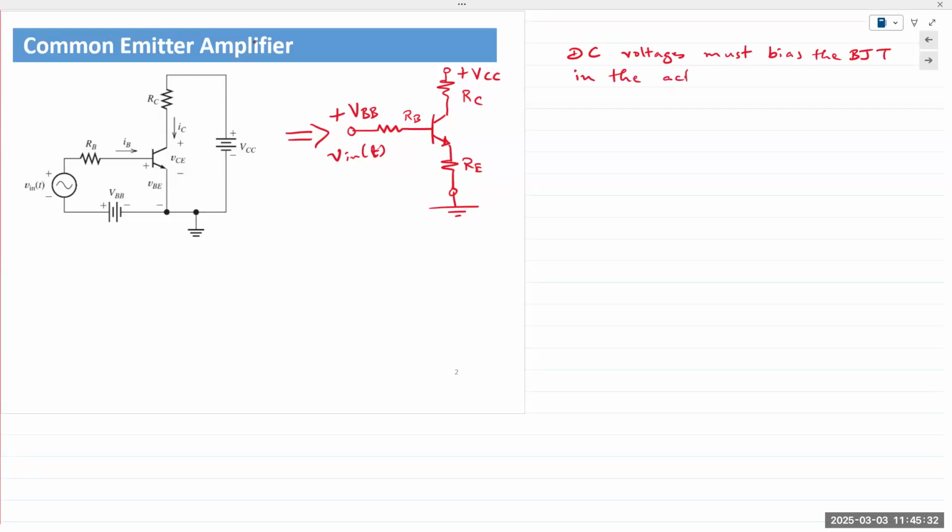Otherwise, it will not work as an amplifier. It will simply work as a switch. Hence, DC biasing is very important. That's the first step you would take for an amplifier. If it's not biased correctly, the circuit's not going to work. I mean, the circuit will work, but the output will be distorted and clipped.